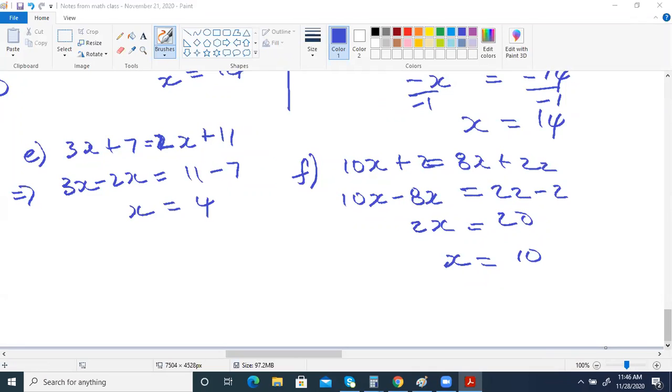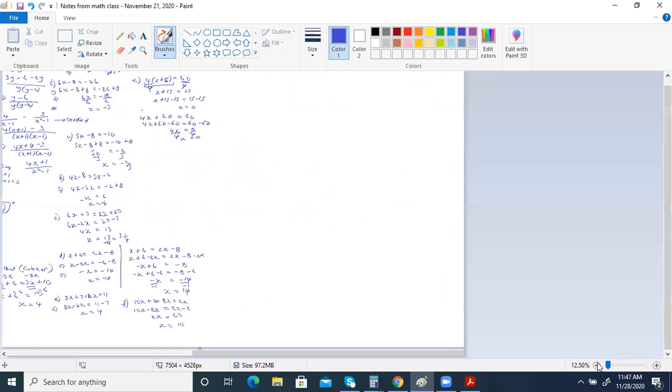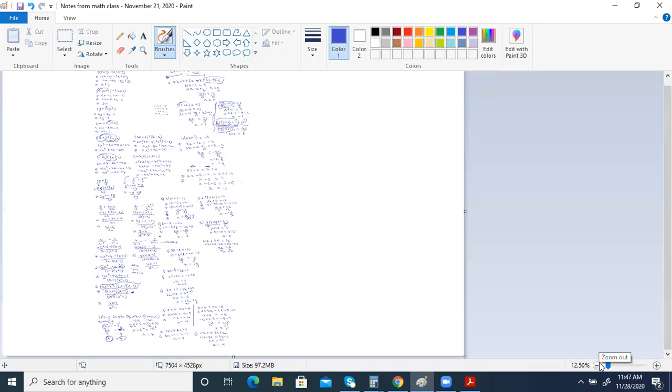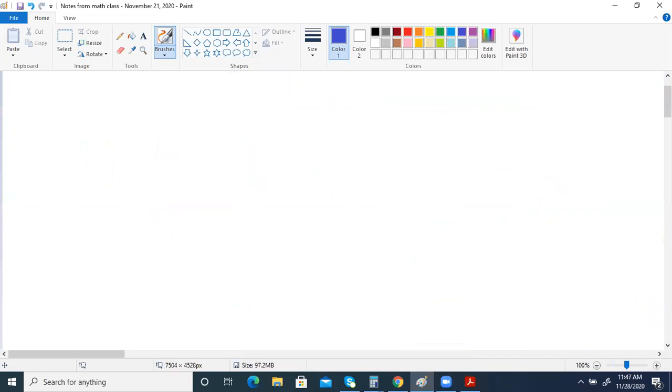Let's go through. The page is done. Let me see if I can expand the page. Oh, I have some space to the right. All right.